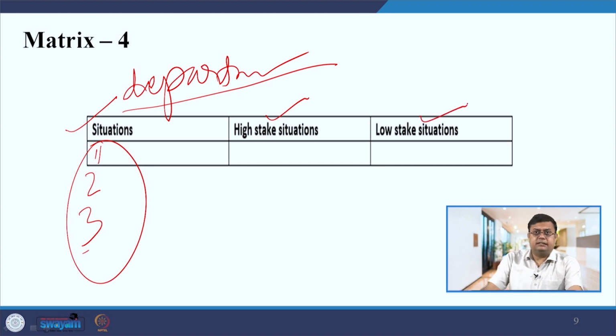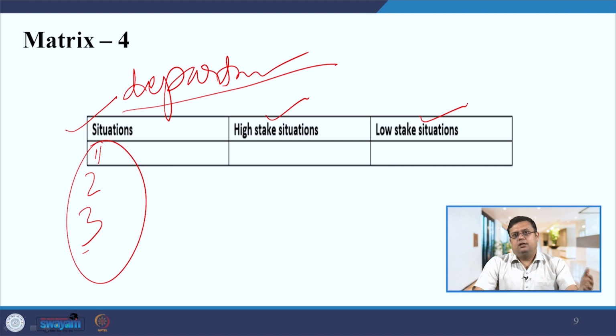So, high stake situations are where the organization cannot expect the employee to make a mistake. If the employee makes a mistake, non-attainment of the goal is there, and then there will be a huge loss for the organization. So the loss is very high, the stake is very high. Such kind of situations will come under the high stake situation.